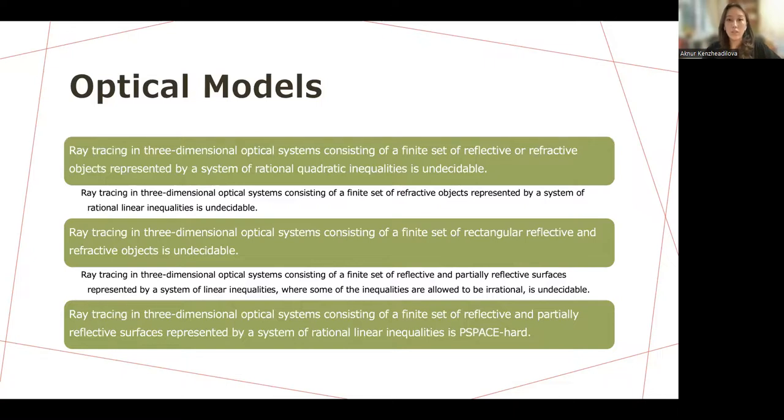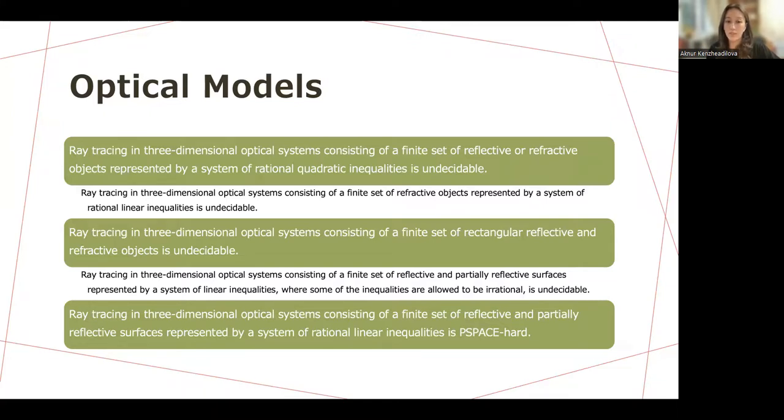And let's talk about some optical models and systems. From this paper, the results show that various optical models can be summarized into these 5 types. So ray tracing in 3-dimensional optical systems consisting of a finite set of reflective and refractive objects represented by a system of rational quadratic inequalities is undecidable.